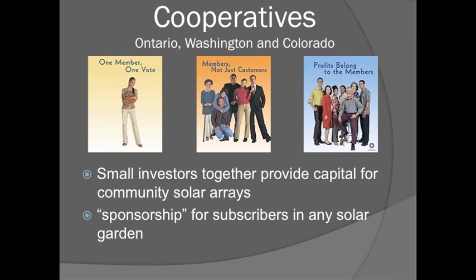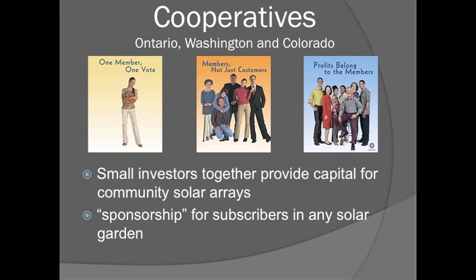So here's an example of cooperatives. You have the democratic control baked into the cooperative model, one member, one vote. That's always the case. And then the profits get redistributed to all the members. This is happening in Ontario, Washington, Colorado, actually also Massachusetts and a couple of other states.